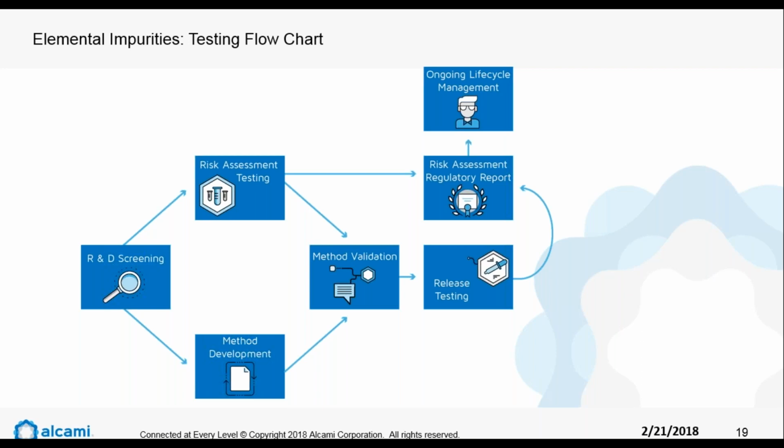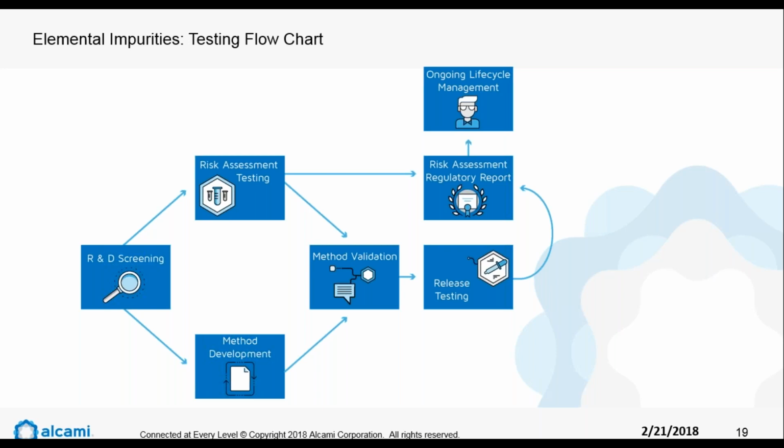The other option, again, is to go the other way, just start with development validation right into release testing. The one thing we wanted to point out that's pretty important, if you do take the risk assessment testing approach and not the release testing approach, one of the most key and critical things to remember is the ongoing life cycle management of that drug product.